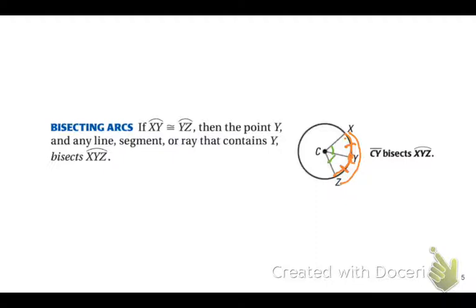So angle XCY is congruent to angle YCZ. You'll find in proving theorems and doing homework questions, this little fact might come in very handy. So make sure you remember that one.